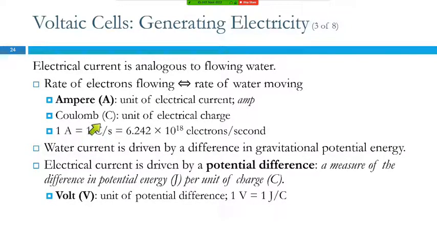So it's a specific amount of electrical charge per second. And so 1 coulomb is 6.242 times 10 to the 18th electrons. And so when we talk about 1 amp of current, we're talking about this many electrons moving through a position per second.